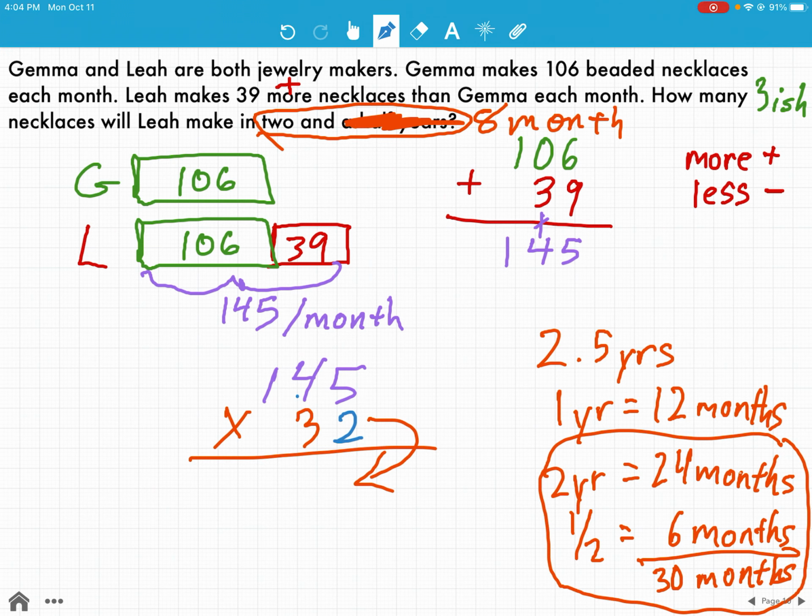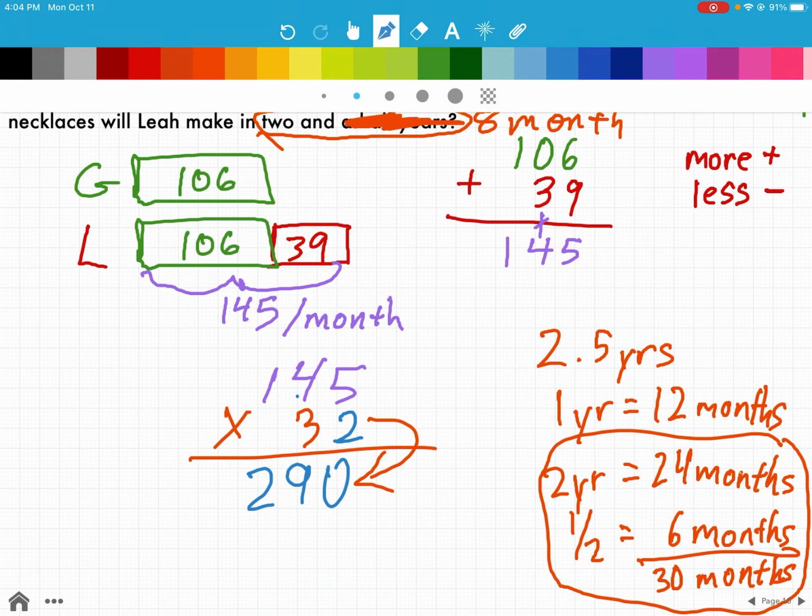Okay, so 145 times 2, that's 290. All right, and I'm going to put my extra 0 here. And then I'm going to multiply 145 times 3. So let me get my orange out, and I'm going 3 times 5 is 15.